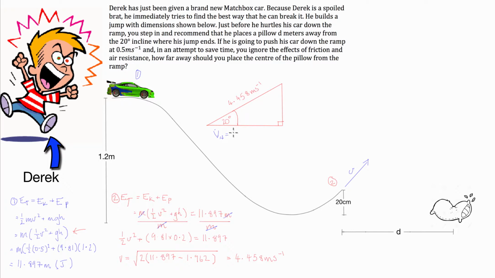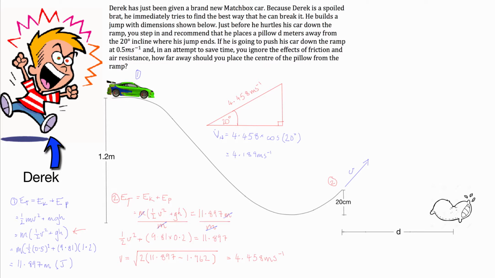Hypotenuse, it's going to be cosine, so it's going to be 4.458 times the cosine of 20 degrees. And that's going to come out with a number, 4.189 meters per second.